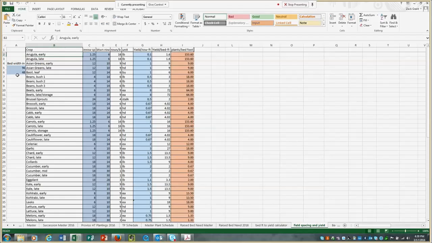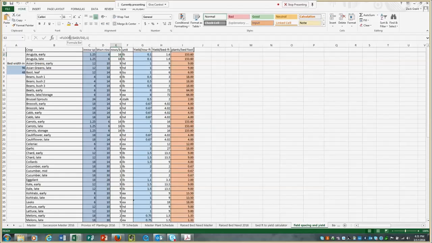So when you look at rows per bed in column E, it says floor.